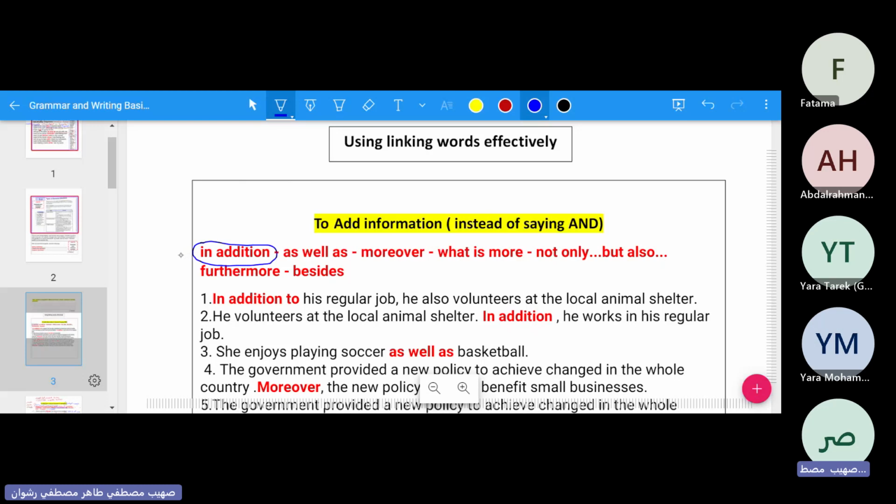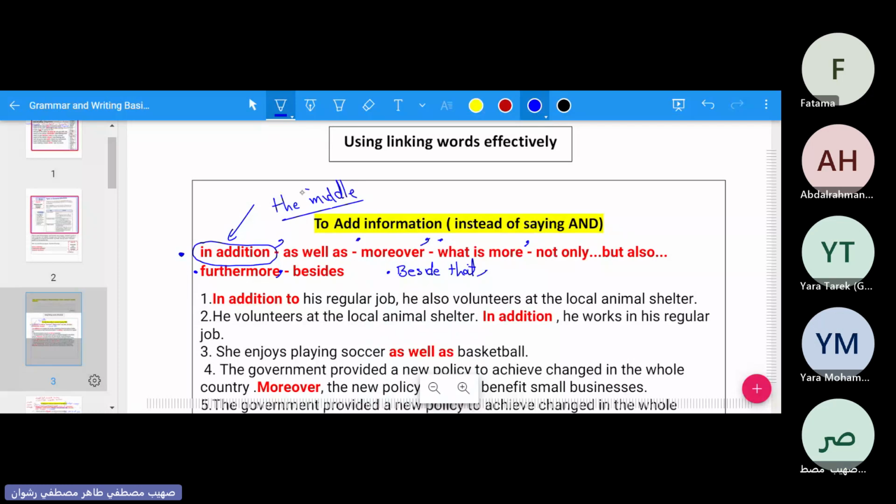So a full stop followed by a comma. This is the rule. Moreover, full stop, comma. What is more, full stop, comma. Furthermore, full stop before it, comma after it. The same with besides, full stop before it, comma after. Okay, this is the rule as long as you use the conjunction in the middle.